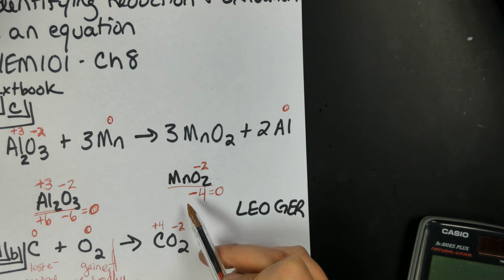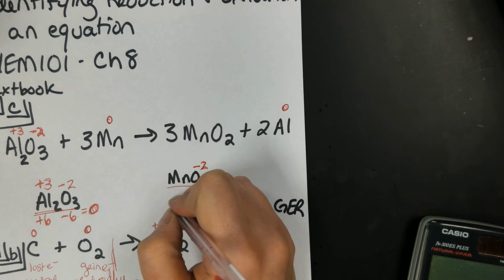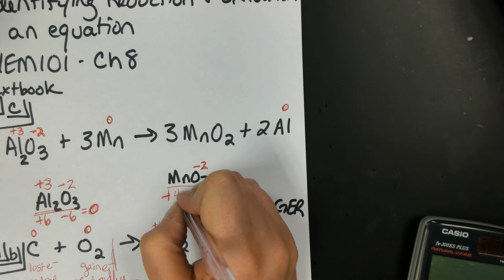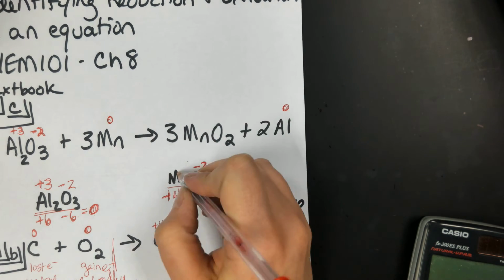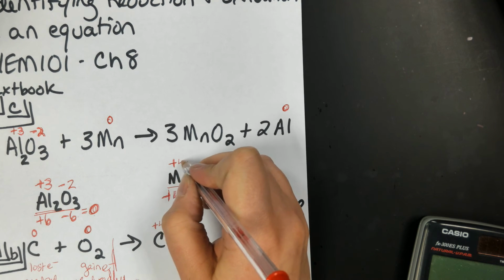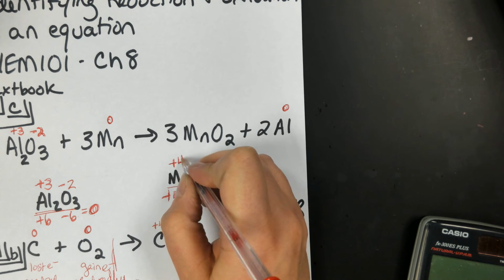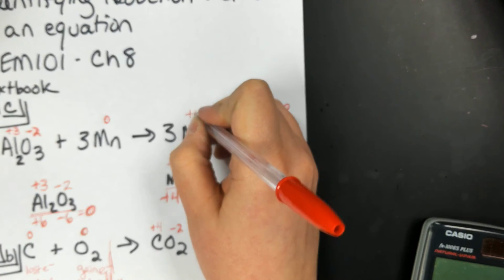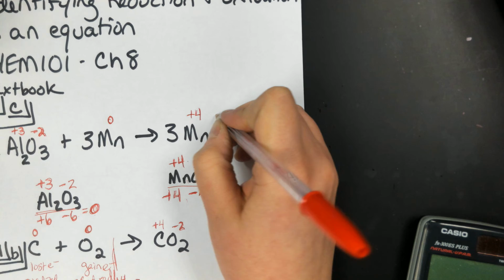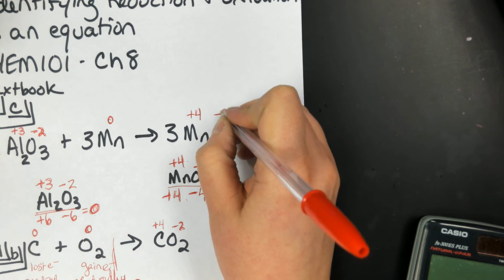A total of +4, right? Yeah. And it looks like there's only 1 manganese. So that manganese, he himself is bringing all of those +4s. Oxidation number. So we'll write that up here now that we solved for that. Manganese is +4, oxygen is -2.